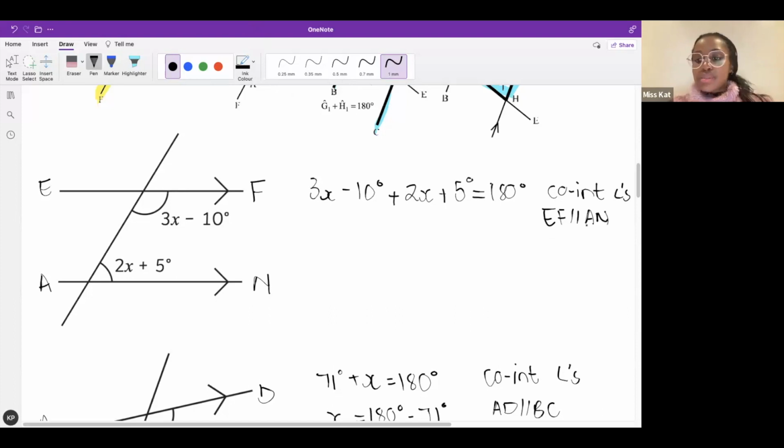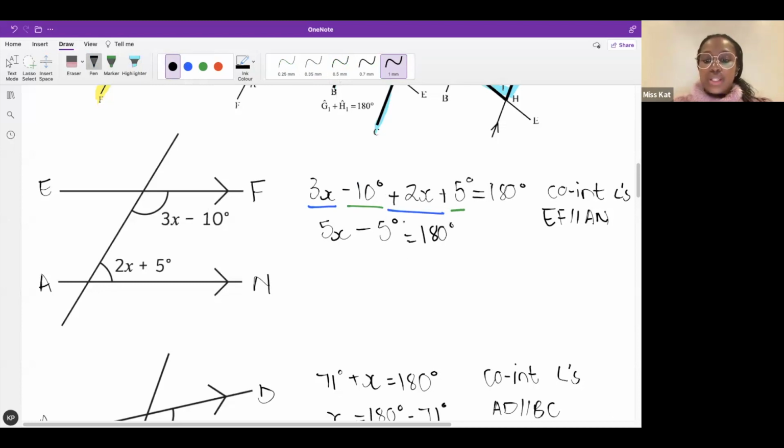Okay, now what? Then we're going to add all the like terms. So we're going to say 3x plus 2x equals 5x. And then negative 10 degrees plus 5 is equal to negative 5, equals 180.